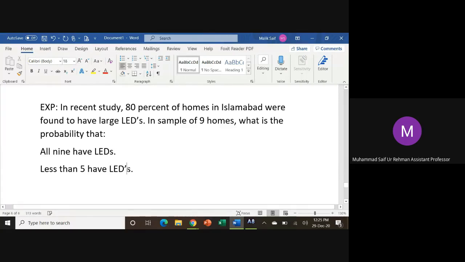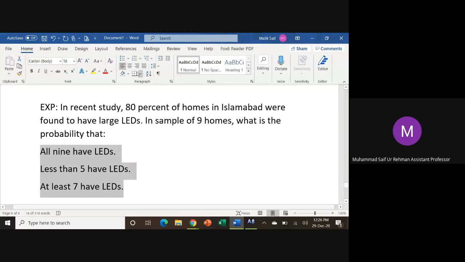LEDs, in this way you can write it down. Less than 5 have LEDs. Then there may be a question, what is the probability that at least 7 have LEDs? So these 3 questions may be there. There may be so many questions like this.